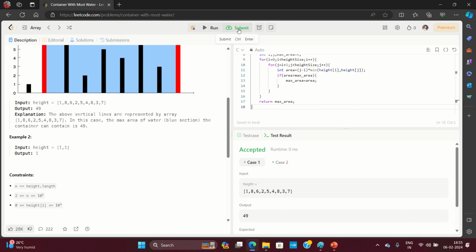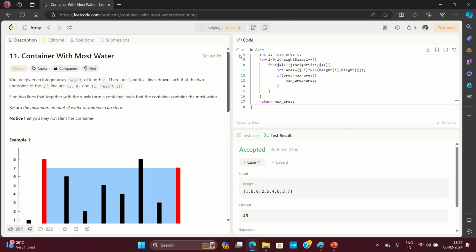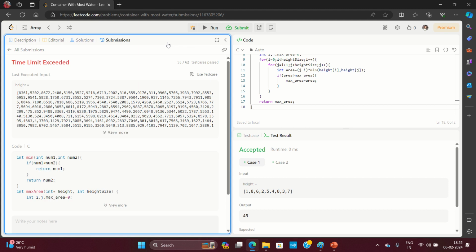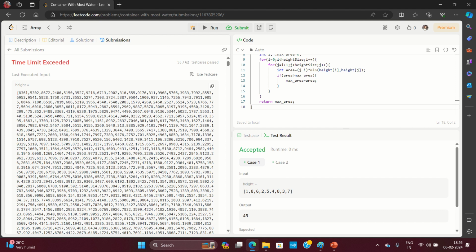Now when I submit this code, just see what error it is throwing. It is not actually an error. Time limit exceeded is itself a term.